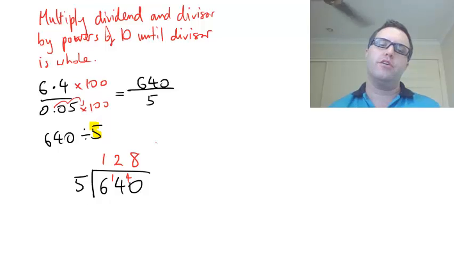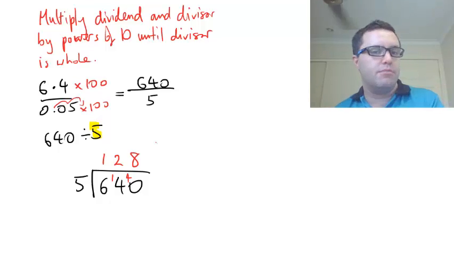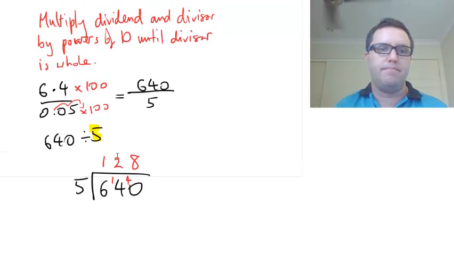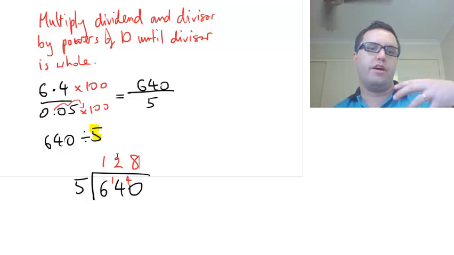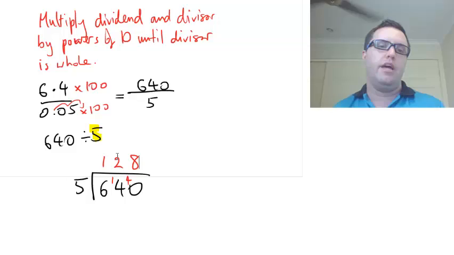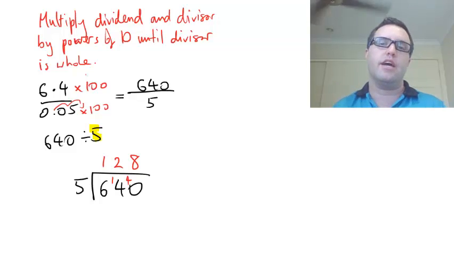So that's our important thing. When we're dividing and there are decimals involved, we need to be careful that the divisor has to be a whole number. Then you can modify it, creating equivalent fractions or equivalent operations, so that you're able to carry it out.